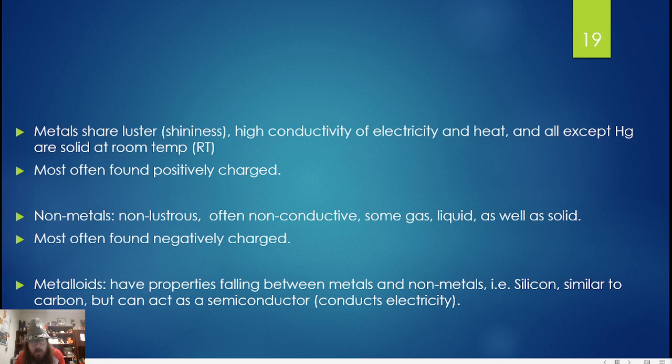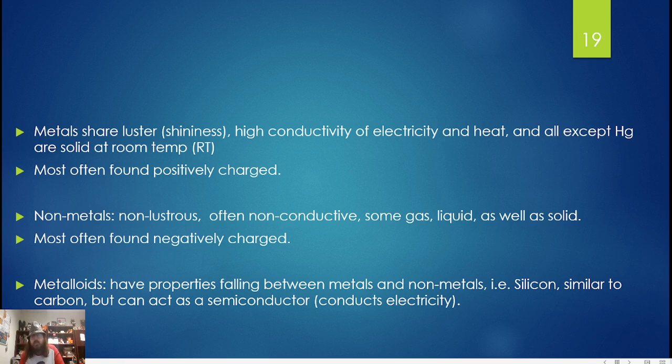Now, our nonmetals, on the other hand, have very opposite properties. They are typically non-lustrous, so they're like dull. They're often non-conductive, in that they don't conduct electricity or heat very well, except for certain examples. Like diamond doesn't conduct heat, doesn't conduct electricity.